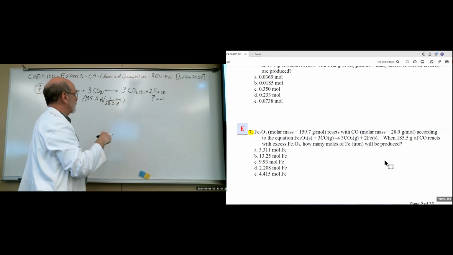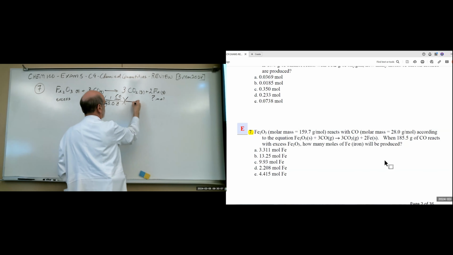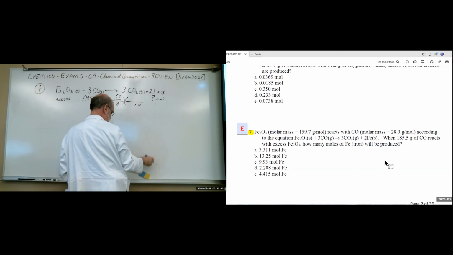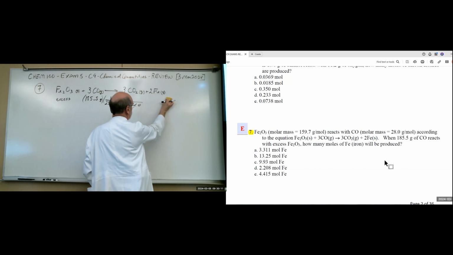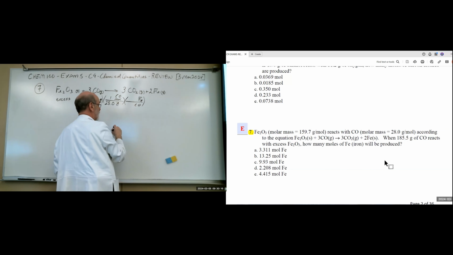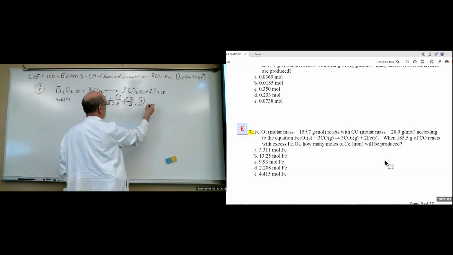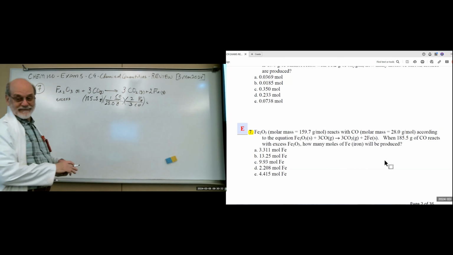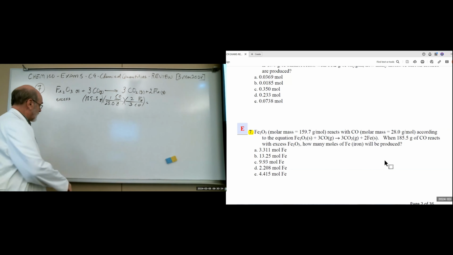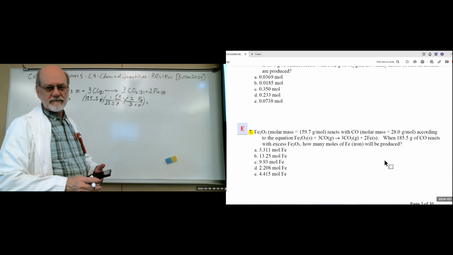Why don't we go ahead and convert that like we did before? This is moles of carbon monoxide. We want iron. So what's the ratio? 3 of these, 2 of those. Okay. So that will give us, will that answer the question? How many moles of iron?